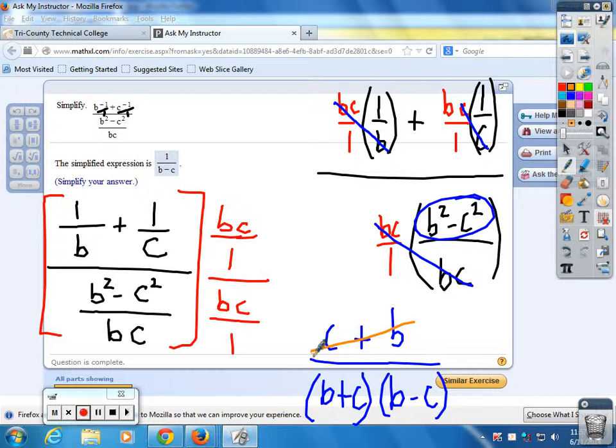B plus C is canceled because 2 plus 3 is the same as 3 plus 2. It doesn't matter. So those 2 cancel. Your final answer is 1, because we've got to have something in the numerator, correct? Can't leave something in the denominator and not have anything in the numerator. B minus C. That should be right.